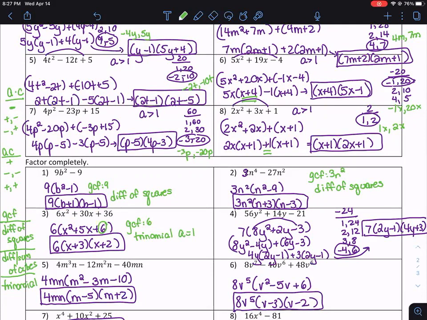For number 4, there was a GCF of 7. That was the first thing that we could have identified. And then it was a trinomial, but it wasn't a trinomial where a was 1. It was greater than 1. So the A times C method. We're looking for factors of negative 24 that add to 2.